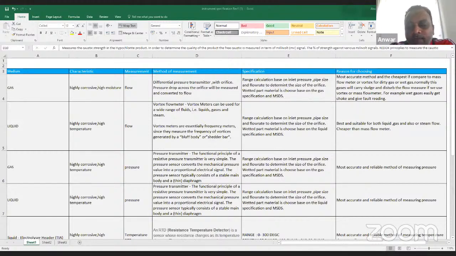Nowadays in the market, you have a better option for measuring level, such as infrared and also ultrasound. Ultrasound is also widely used now, directly mounted on the top of the tank.